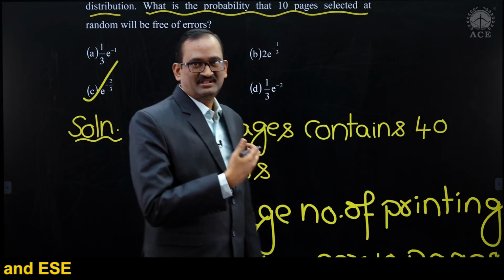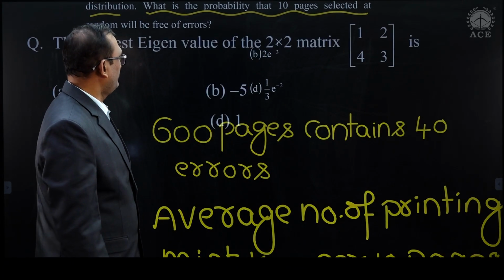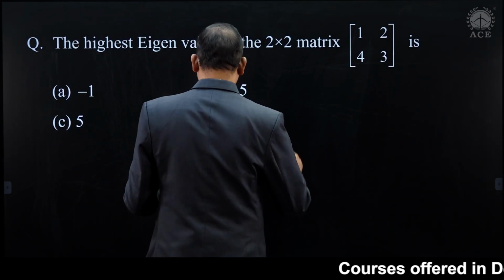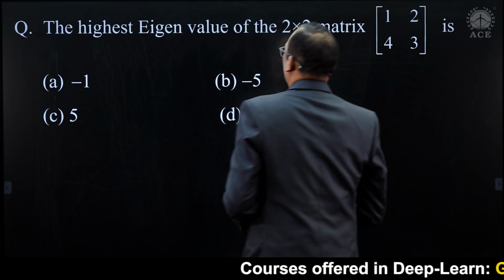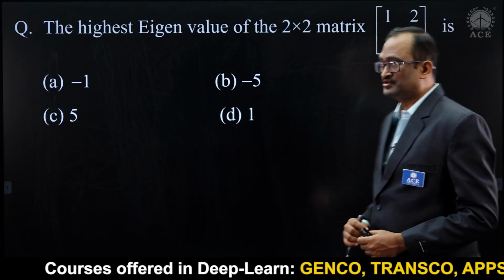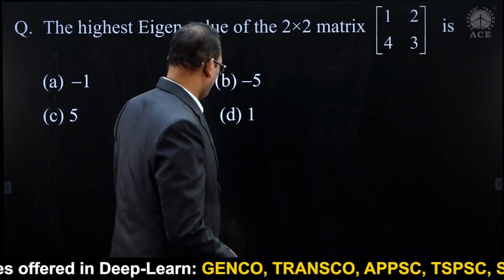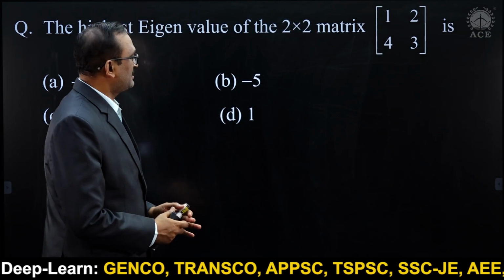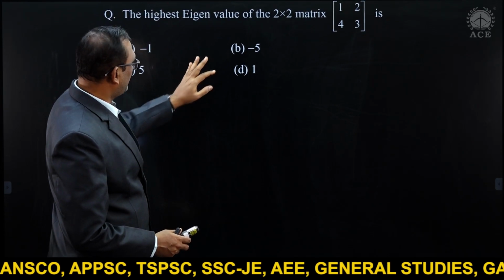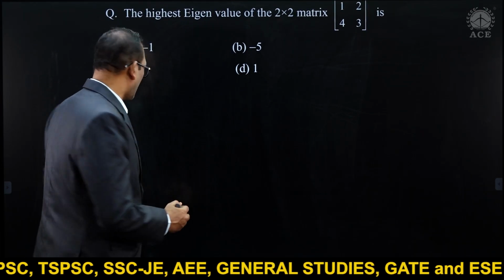Let's have a look at the next problem. You just need to observe this problem. The highest eigenvalue of the given 2 by 2 matrix 1, 2, 4, 3. Let us write the characteristic equation in your own style, or you may write it like this also.